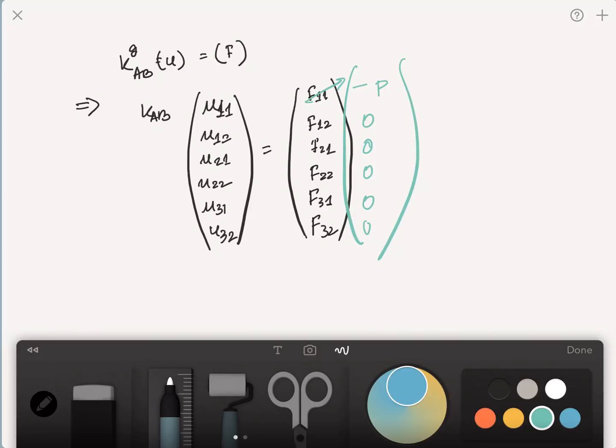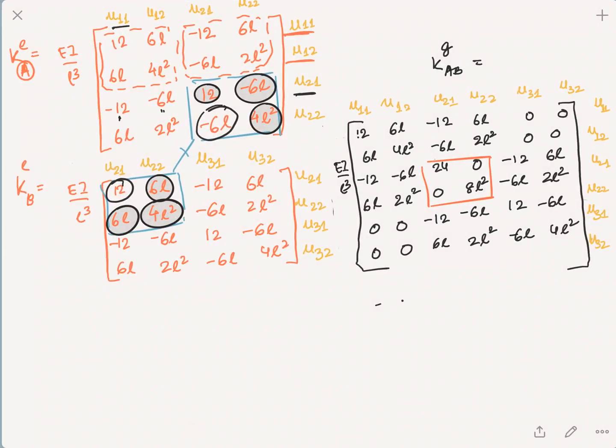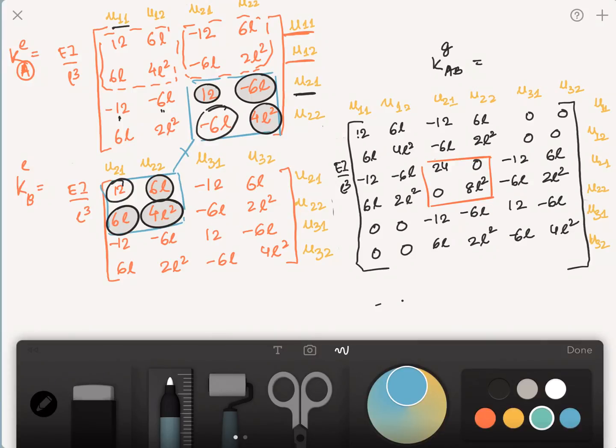So this is my new force vector. Now we also know that according to the degrees of freedom that are fixed or constrained, we can get rid of 3 degrees of freedom. One is at U direction, it's not allowed to move in the Y direction, no transverse displacement, and at node 3 both the displacements are fixed. So what we have left is U11, U12, U22. So if I go back now to the stiffness matrix here, then I can remove the rows and columns that actually correspond to the displacements that are fixed.